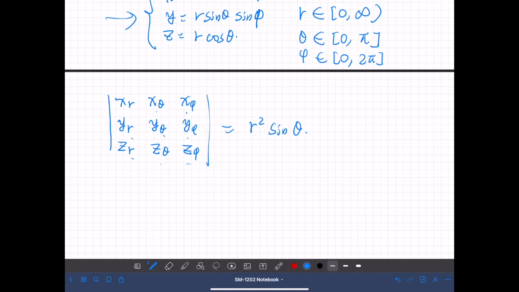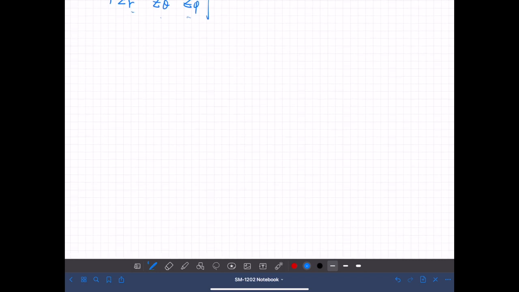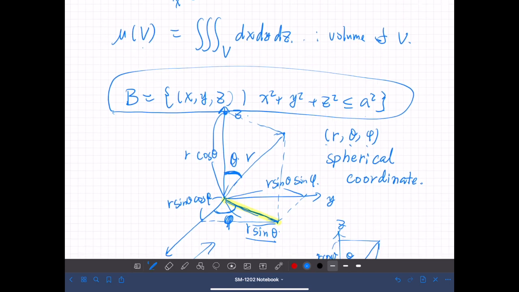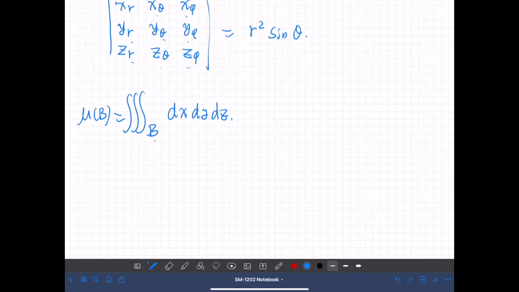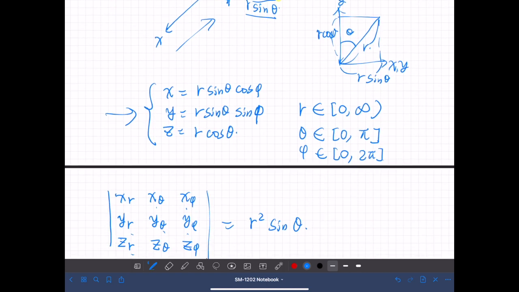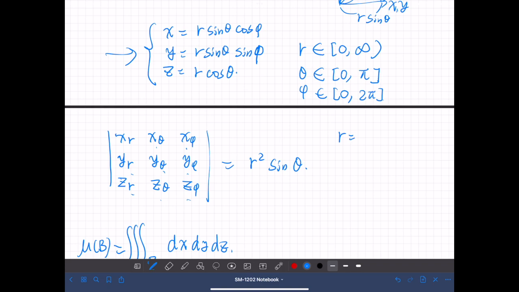Now let's go back to the example of calculating the volume of a sphere. The volume of the sphere is given by this, and of course this region B is the sphere. R is defined by the square root of x squared plus y squared plus z squared.